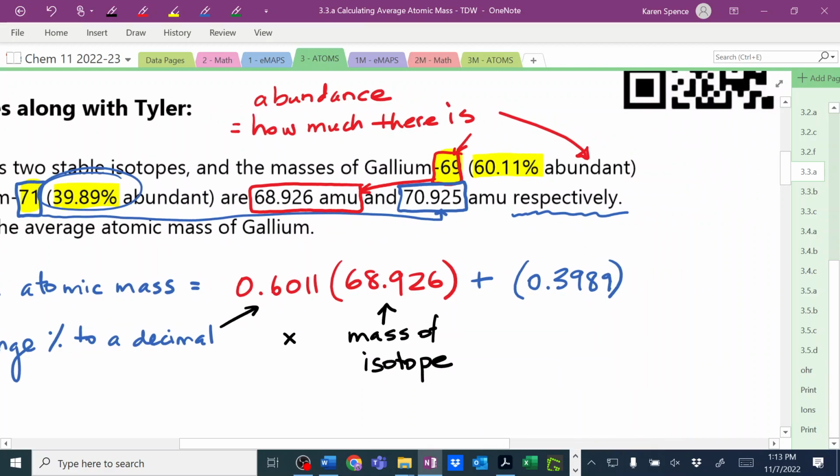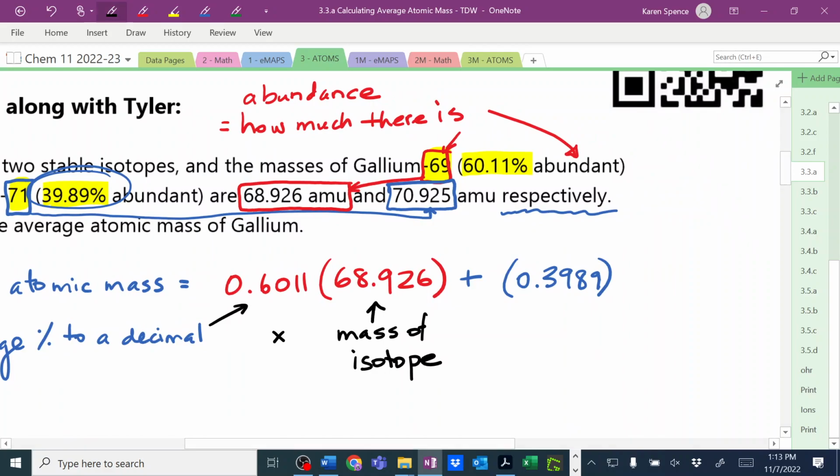And then we want our mass of the isotope. And the mass of the isotope is 70.925. All right.